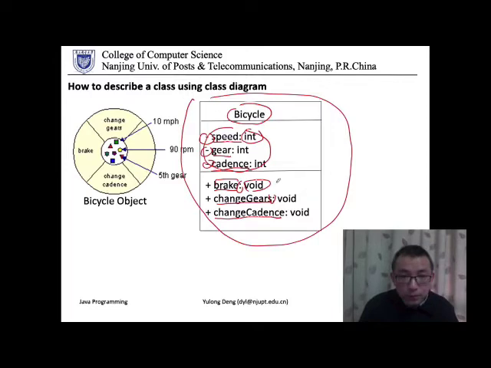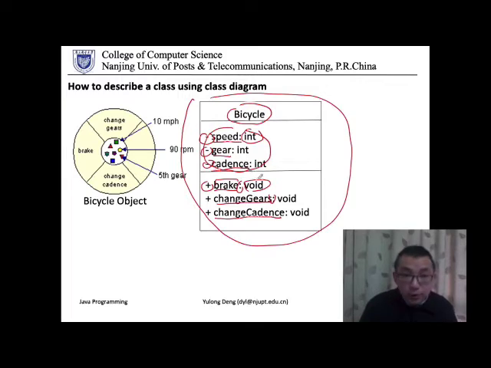Brake, change gears, or change cadence don't need to return anything, so we use the keyword void here. And the very left side is the same as the variables. We can put a modifier here, the scope keyword, here a plus symbol. This symbol means the access scope of the method is very wide. It's public. Okay.